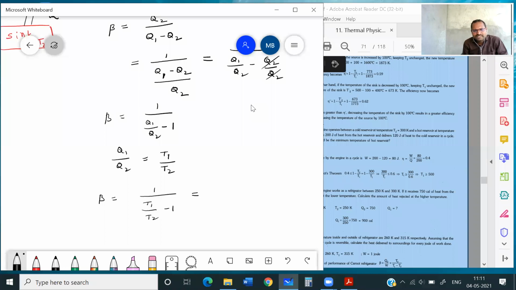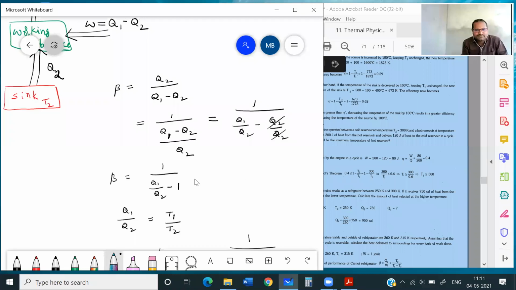Still it can be written as 1 divided by (T1 minus T2) by T2. Can we write? Yes. Still T2 send it up. It will become beta is equal to T2 divided by (T1 minus T2). Yes, this is the formula you need to remember. So here total 2 formulas are there. This is one formula and another formula also I'll show you. Yes, this is another formula.